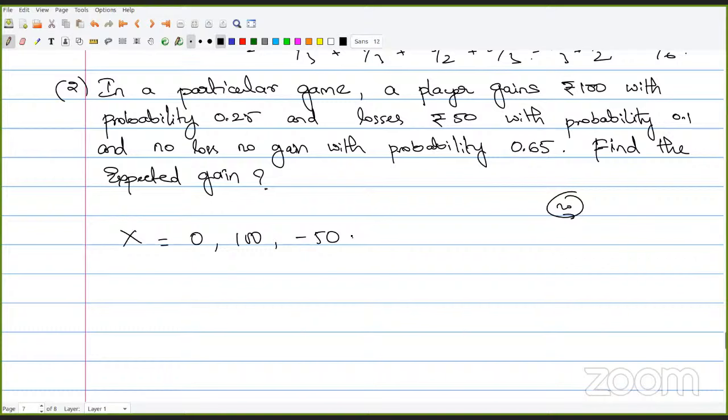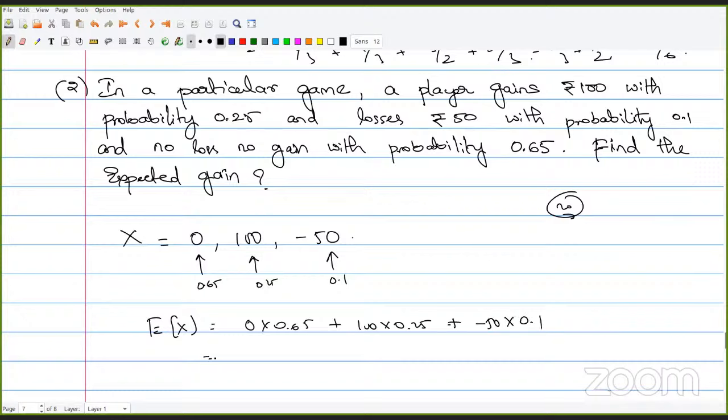So X takes values 0, 100, minus 50, with probabilities 0.65, 0.25 and 0.1 respectively. The same formula you use. So the expected value of X is 0 times 0.65 plus 100 times 0.25 plus minus 50 times 0.1. So this is 0, and this is 25, minus 5.